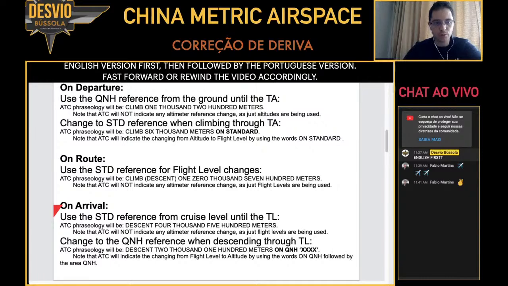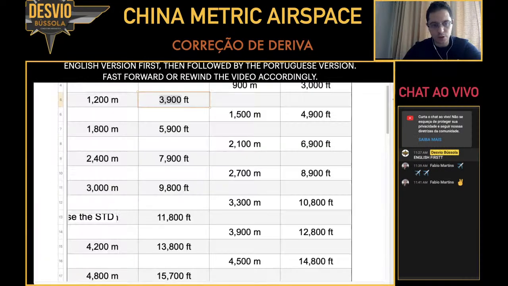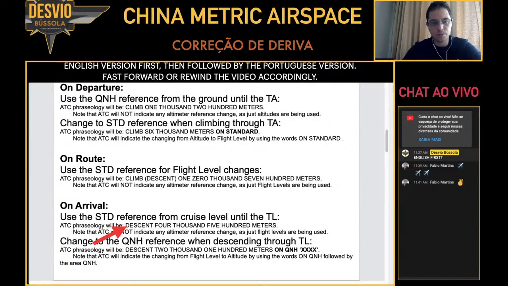Okay, on arrival, you're flying flight level, so you use the standard reference from cruise level until the transition level. And then the ATC phraseology will be, for example, "descend 4,500 meters". That means you are descending from, let's say that you were before at 10,700 meters.